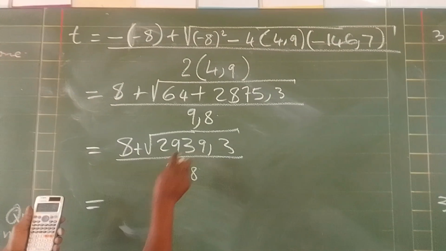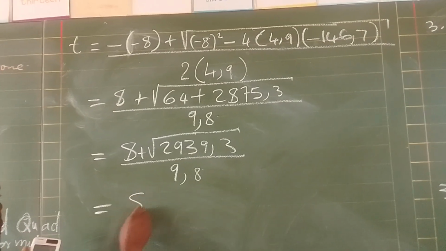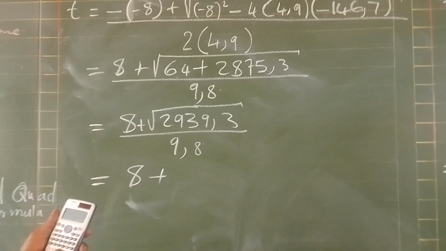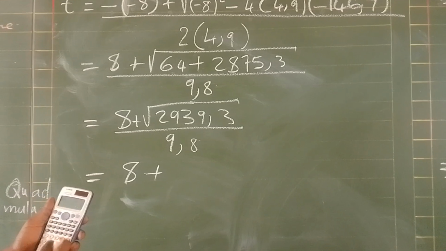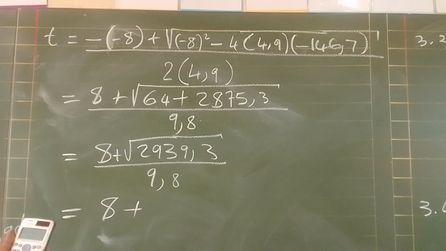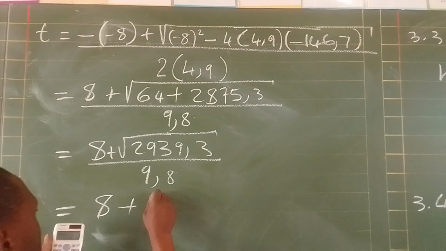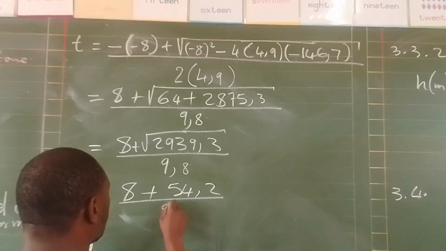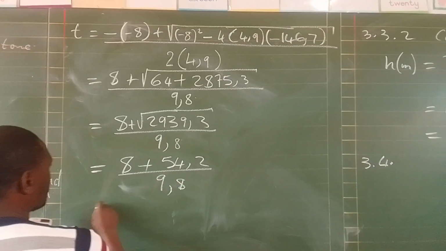Then the square root of this number: it's 8 plus the square root of 2939.3, which is 54.2, divided by 9.8.